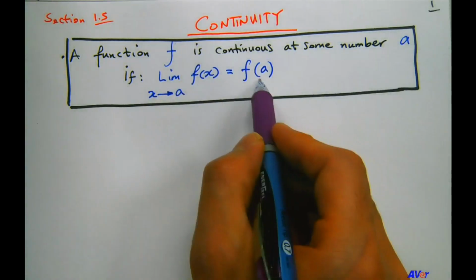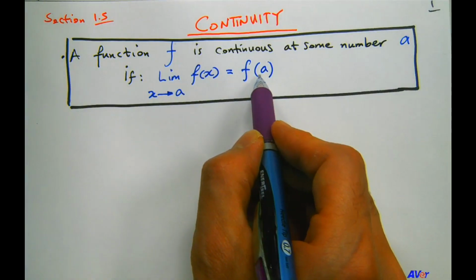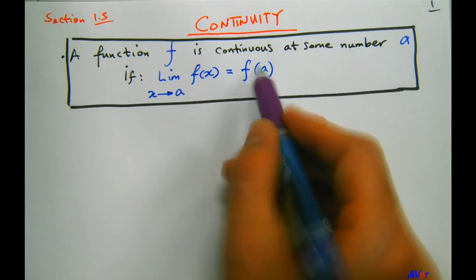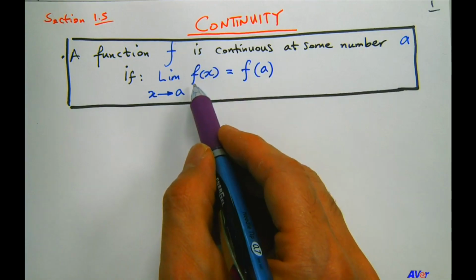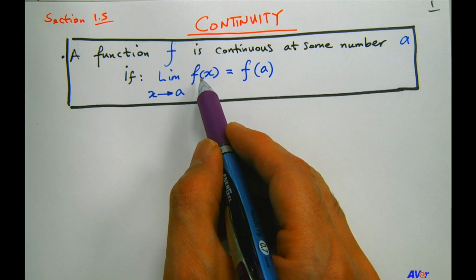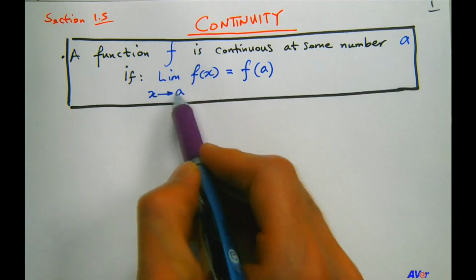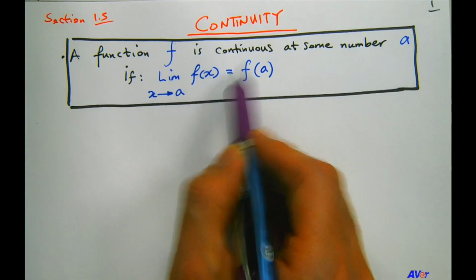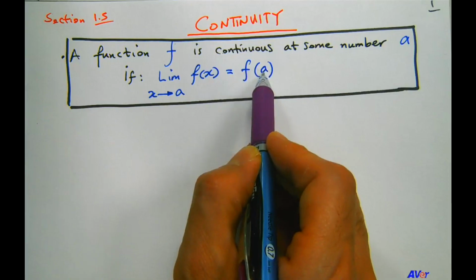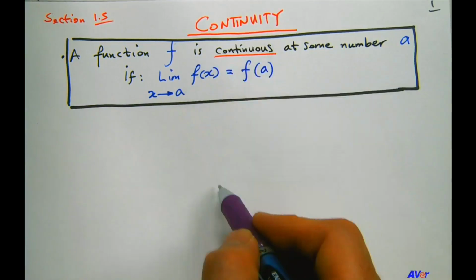What you see on the right is the value of the function at a. And we've already discussed that the limit of a function at some value and the value of the function at some value are not the same thing. But when they're equal, when the limit of a function as x approaches some value is equal to the value of the function at that value, then we have what we call a continuous function.